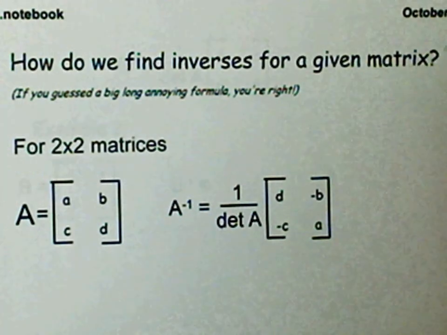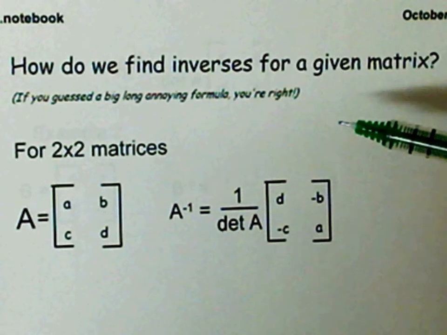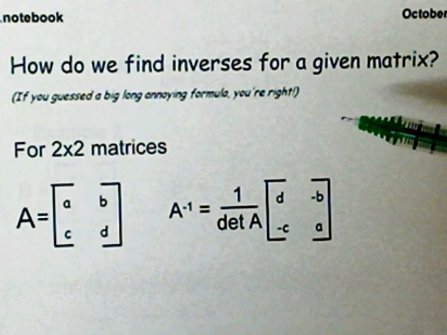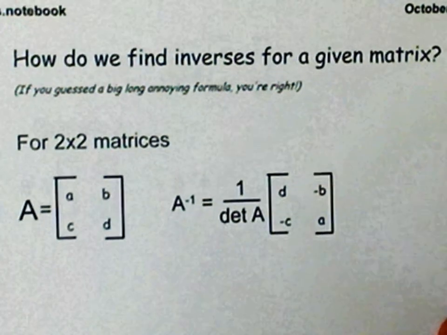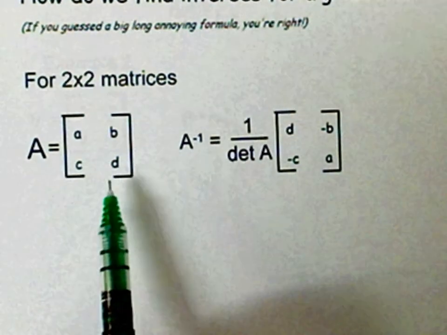If you guess this is a big, long, annoying formula, you are absolutely correct. For 2 by 2 matrices, this is what you do. Yesterday, you were able to learn to find the determinant.